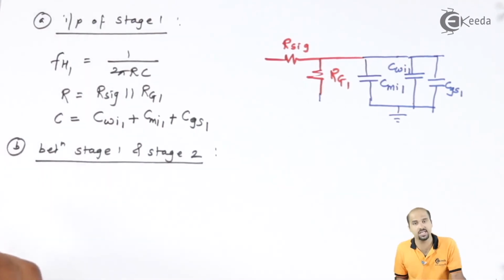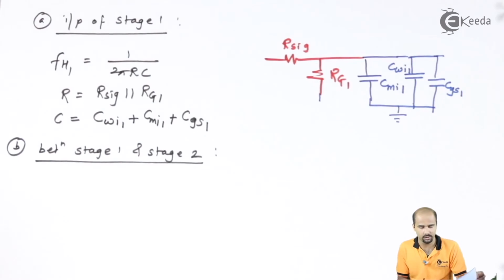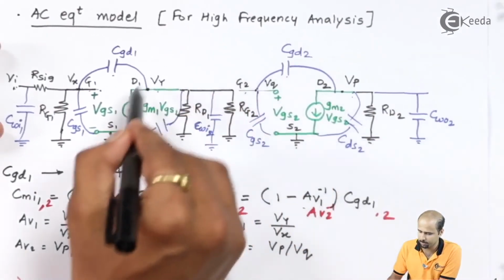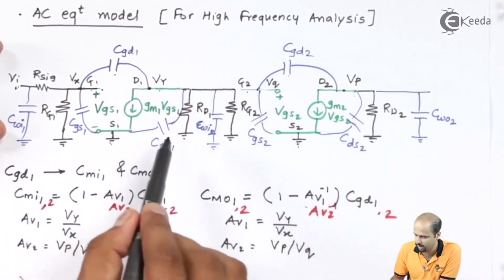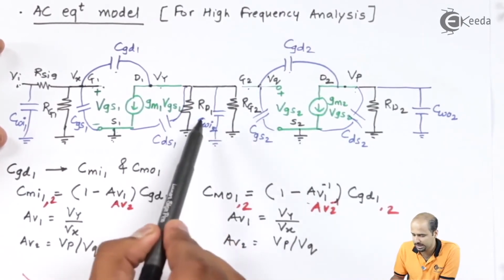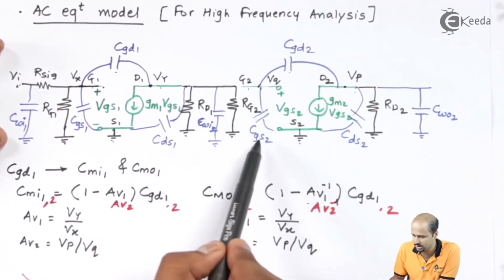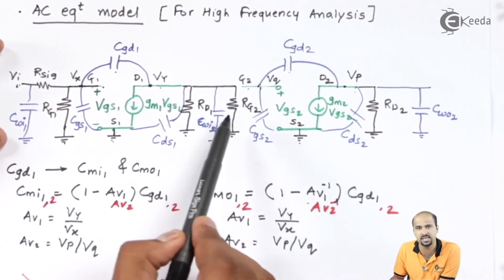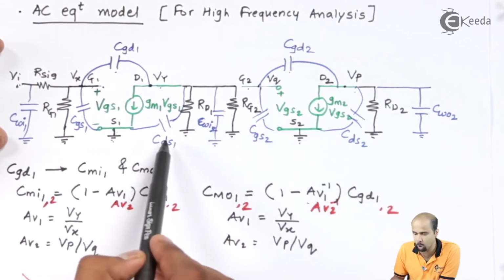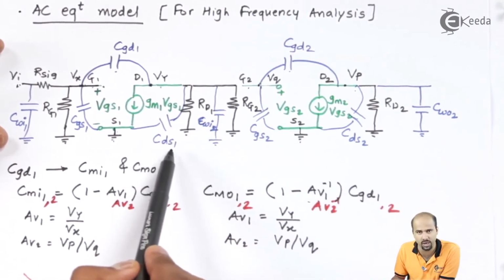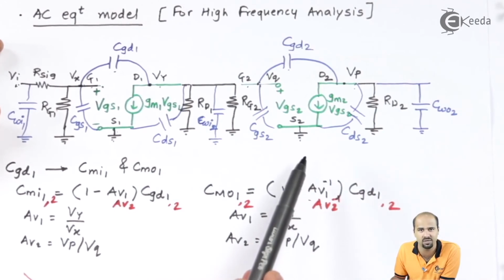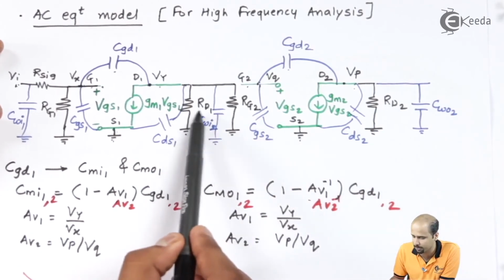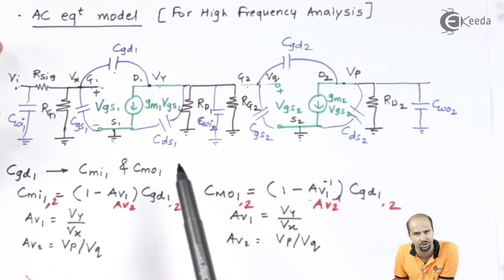So in between stage 1 and stage 2, we are getting this particular part of the AC equivalent model, where RD1, RG2, CWI2, CGS2, CMI2, CMO1 and CDS1, all 5 capacitors will be placed in parallel along with the parallel combination of RD1 and RG2.